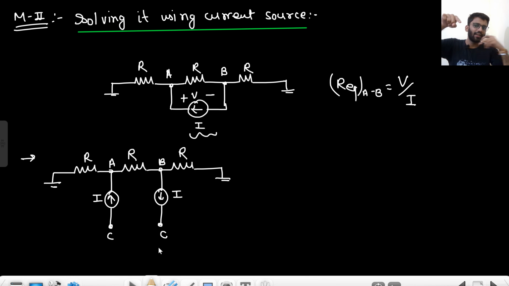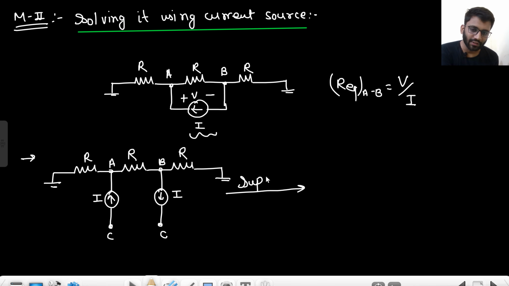This current I was getting into the terminal A, and this I current was getting out of the terminal B. So I have broken it down into two current sources. Okay, so what does the superposition theorem say? So I can consider it as two different circuits.